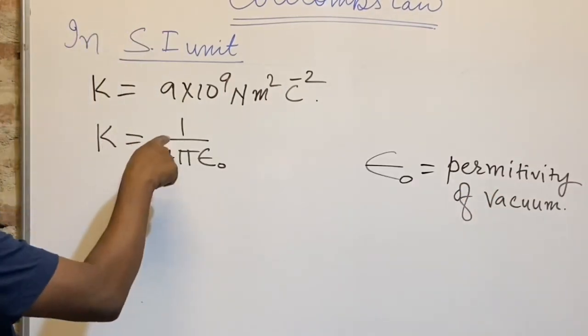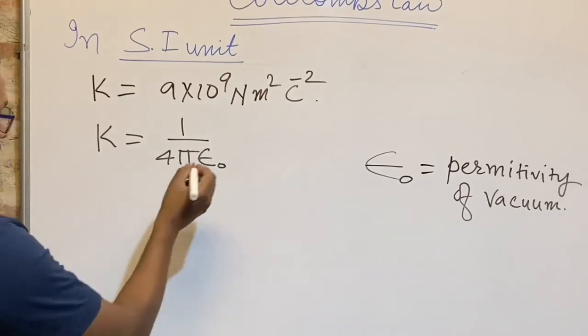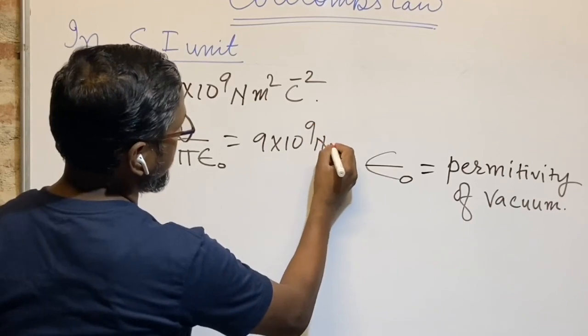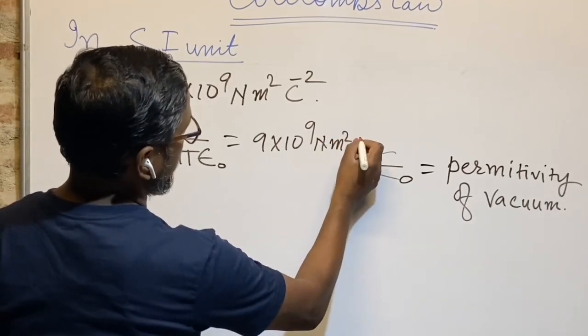So K is replaced by 1 by 4 pi epsilon naught, and its value is 9 into 10 to the power 9 Newton meter square per Coulomb square.